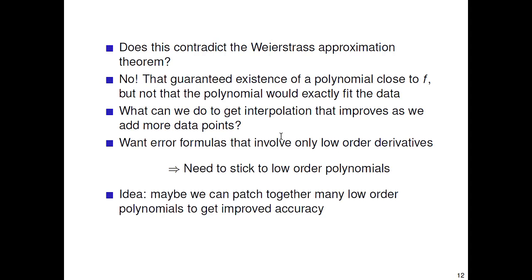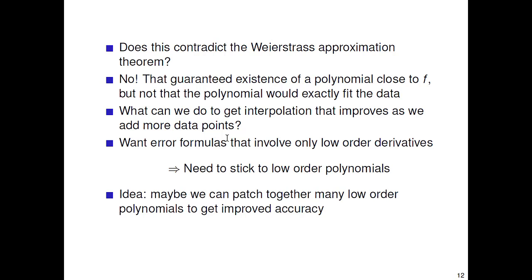Well, what was the sticking point in our analysis? We had error formulas that we could use to estimate the error, and they involved higher order derivatives. And these higher order derivatives had the potential to get very, very large. Well, it would be better maybe to work with error formulas that don't involve higher order derivatives. Higher order derivatives were things that get big.